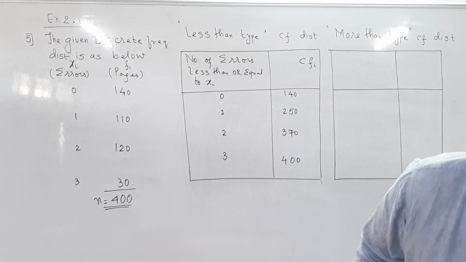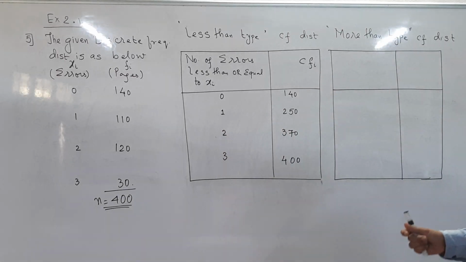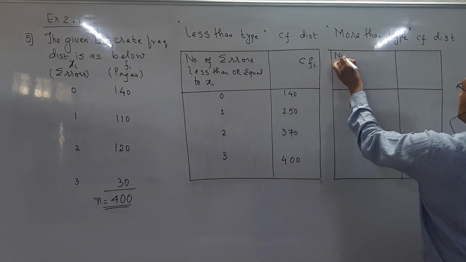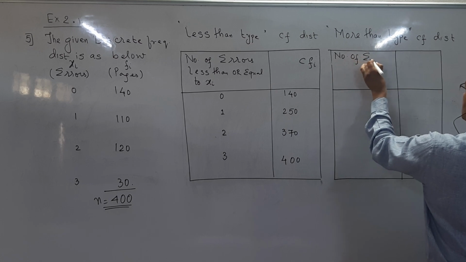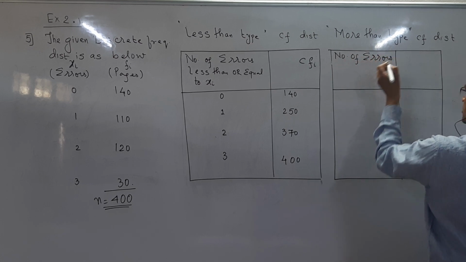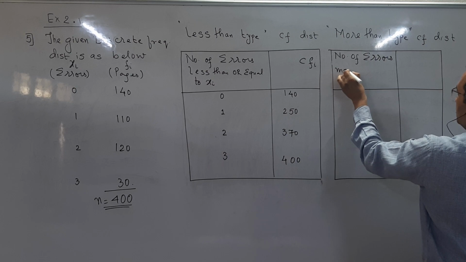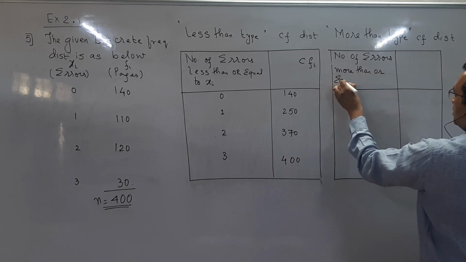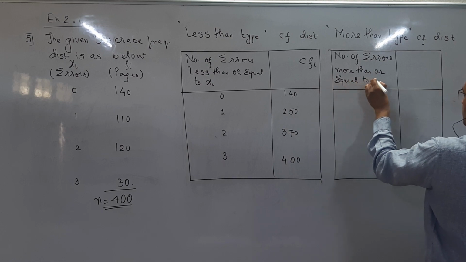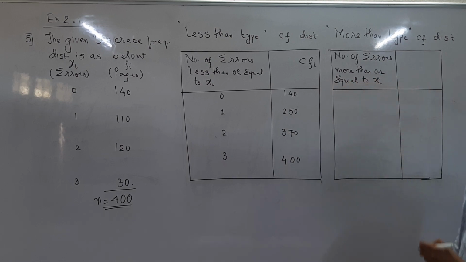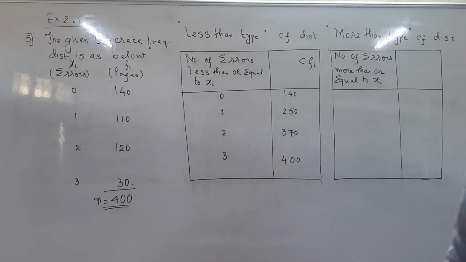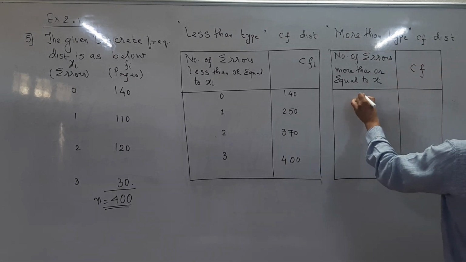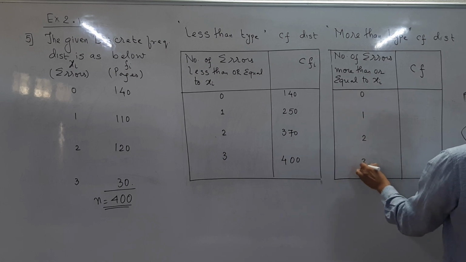So here the first column will be number of errors more than or greater than or equal to xi, that we have to write. And the second column is cumulative frequency CFI. Here again 0, 1, 2 and 3.